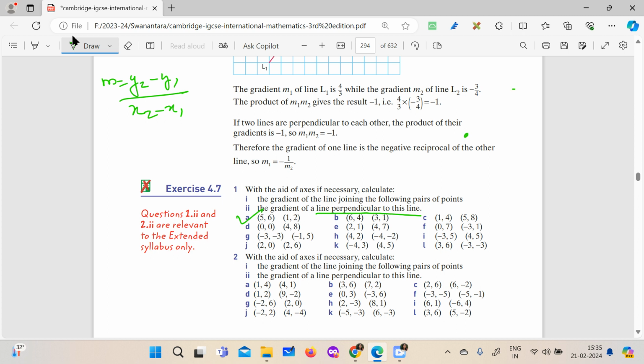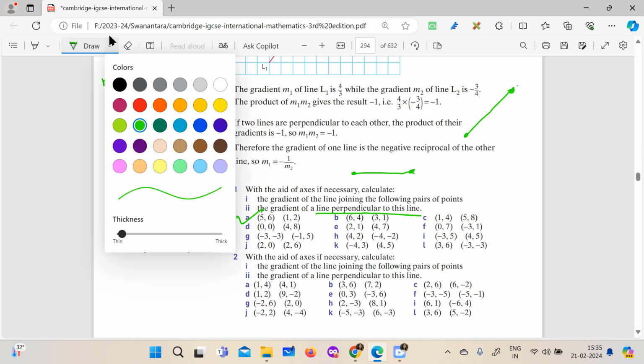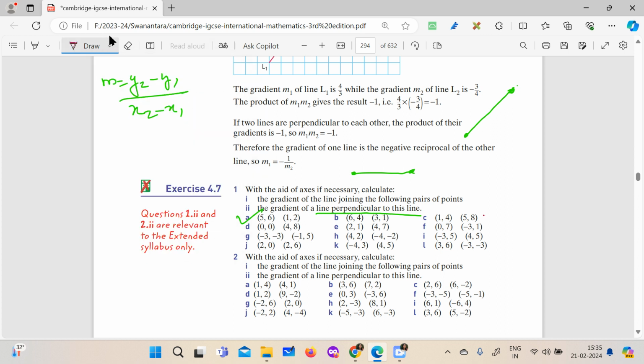Suppose your line is this way and you are calculating the gradient for this line. It can be this way as well, no issues. You have to find the gradient of the line which is perpendicular to this line. Did you get my point?